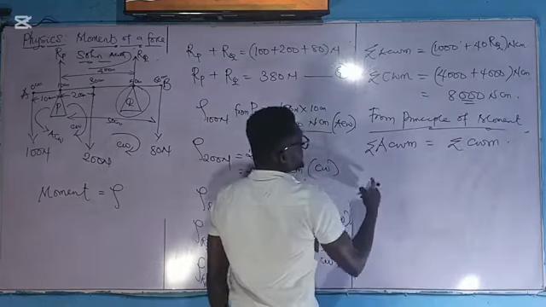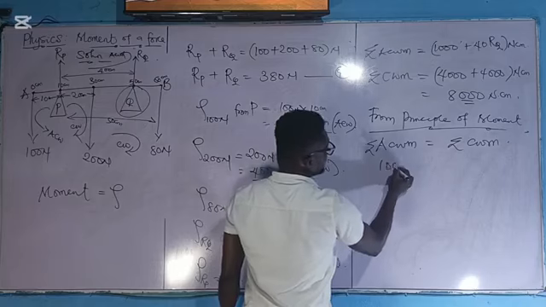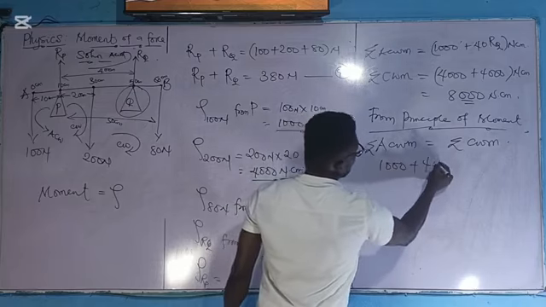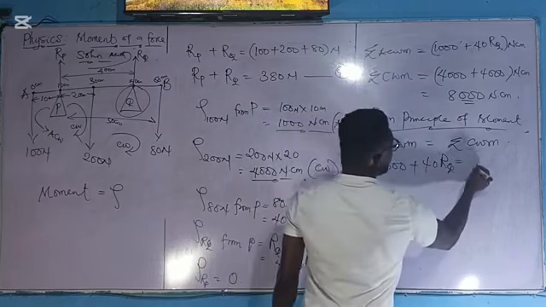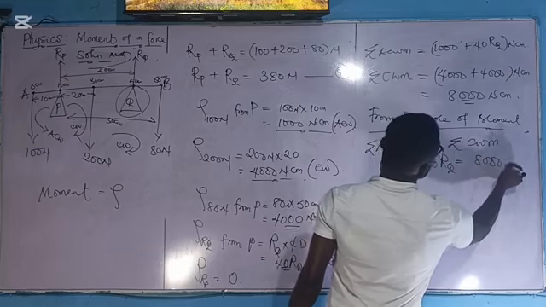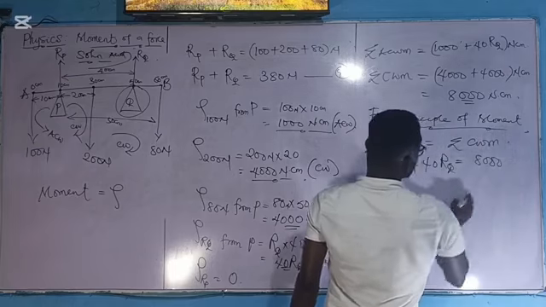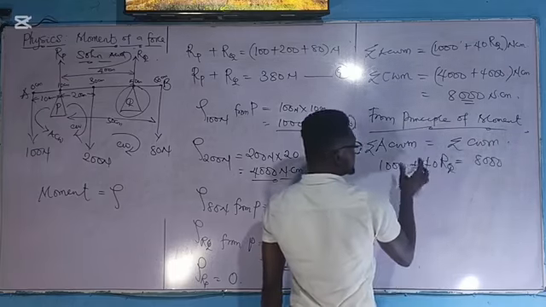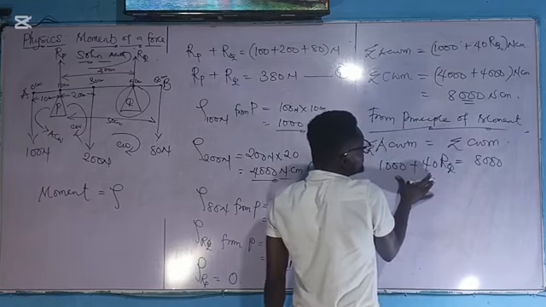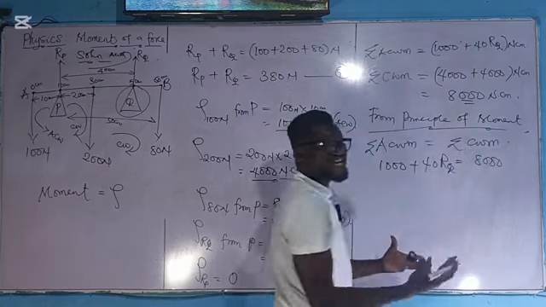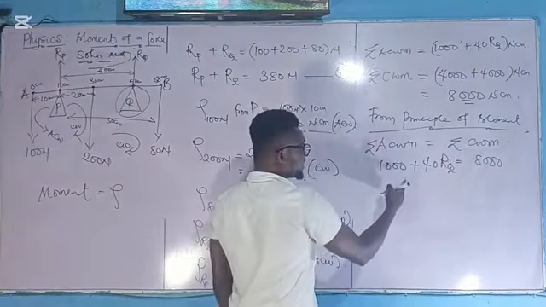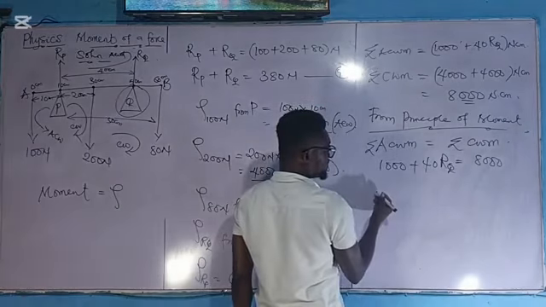And we've got the sum of anti-clockwise moments as 1000 plus 40 RQ, which will now be equal to 8000. Now, you remember the units. The unit of this very one is Newton centimeter. The unit here is Newton centimeter. They will cancel out.